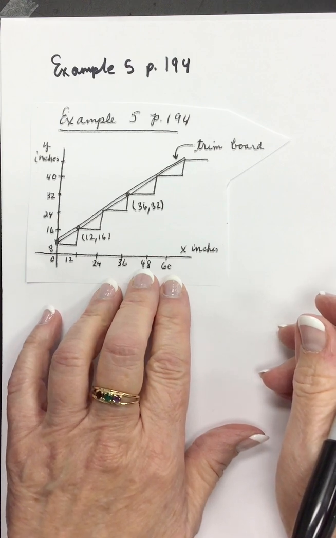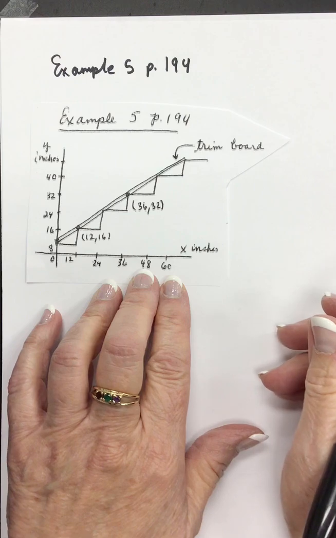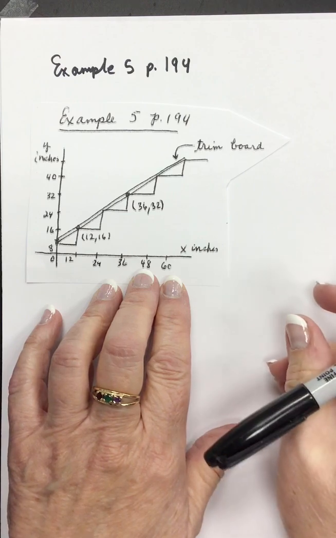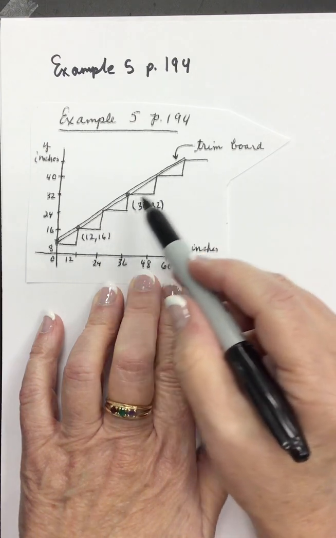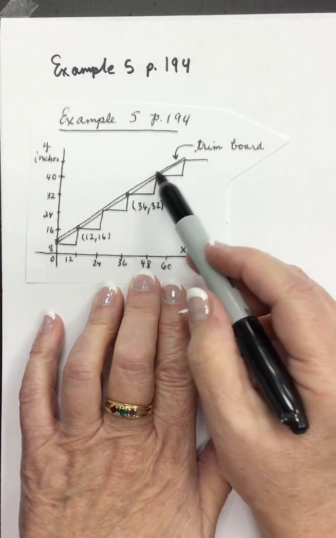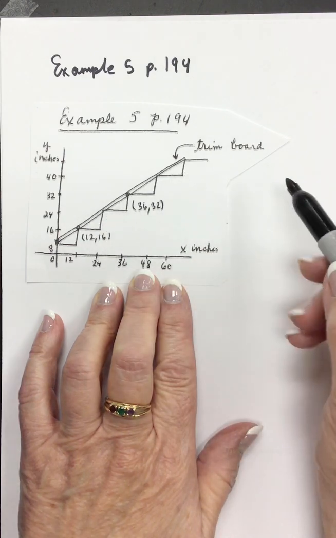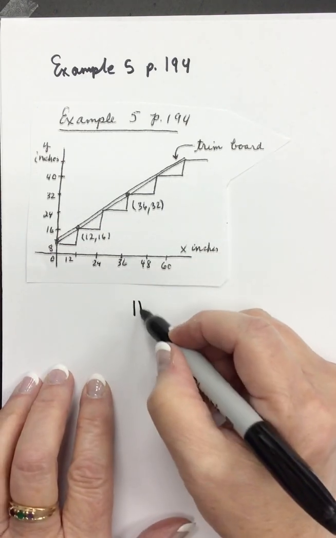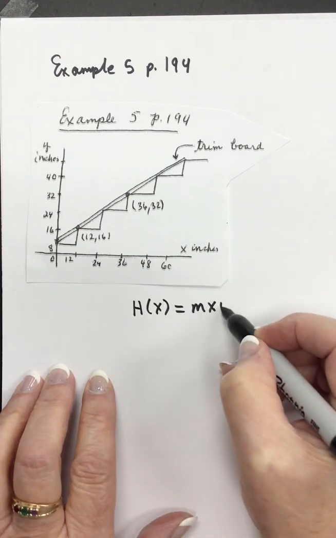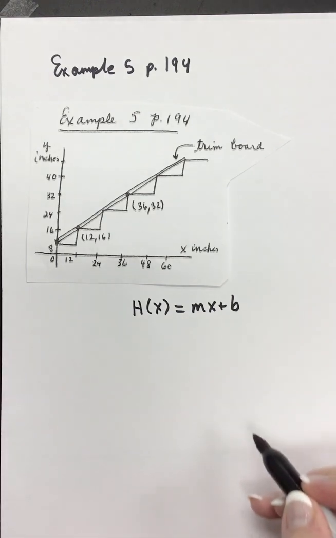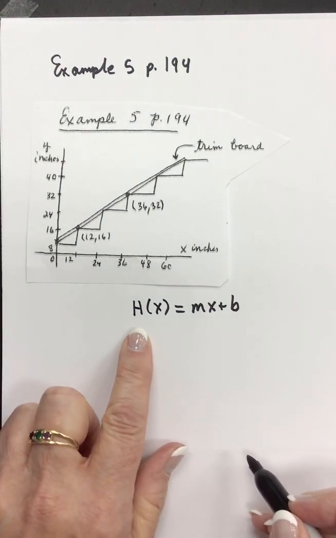It says, find a linear function to model h, the height of the trim board above the floor. Okay? So this is going to be a staircase, and this is the trim board back here, this line. So we're going to start out with h of x equals mx plus b. So the height of the trim board above the floor. So that's why we call it h for height.